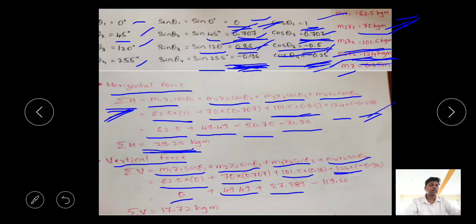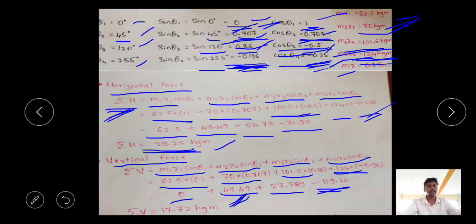Plus into minus will be minus, so 124 into minus 0.96 gives minus 119.66. If you add all these, you will get 17.72. So the horizontal force you are getting is 29.25 and the vertical force is 17.72. These two values, horizontal force and vertical force, you have to find.